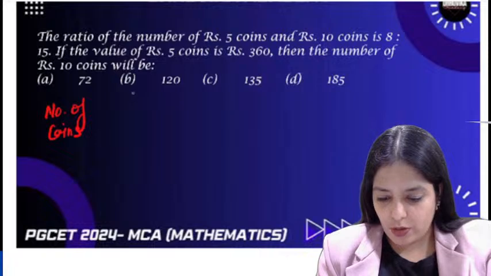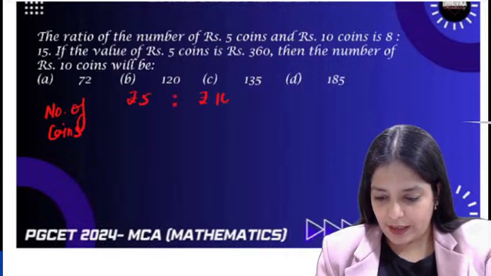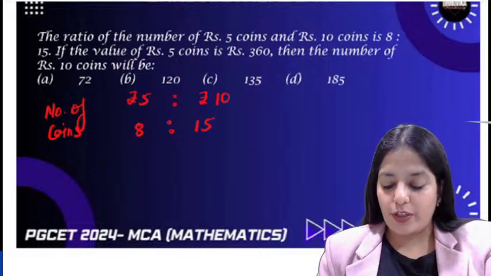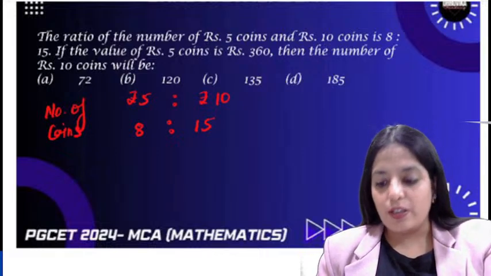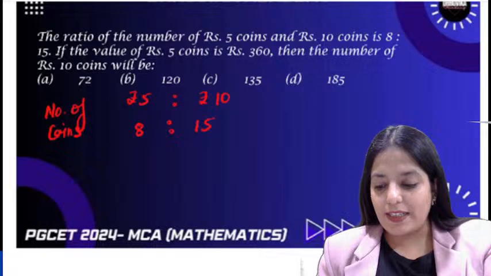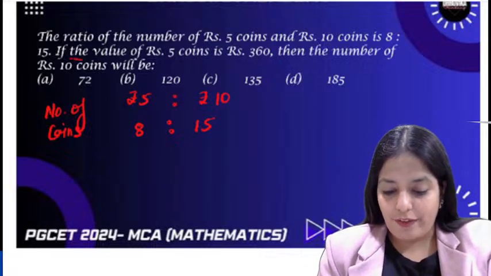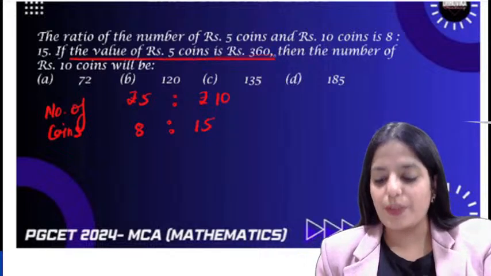So number of coins of rupees 5 is to rupees 10 is 8:15. If the value of rupees 5 coins is rupees 360, then find the number of rupees 10 coins. See, value of rupees 5 coins is rupees 360.